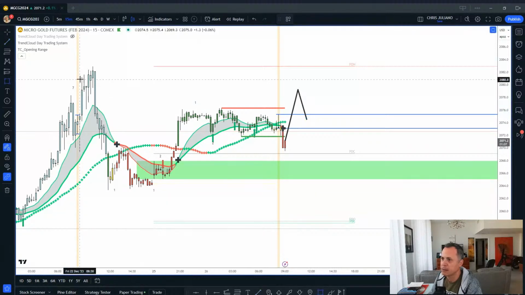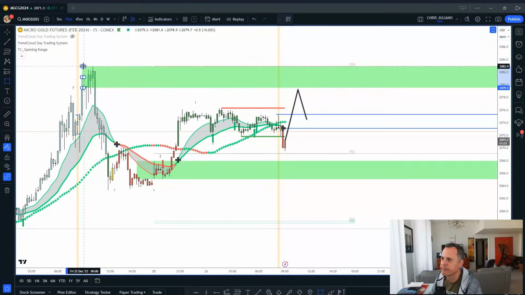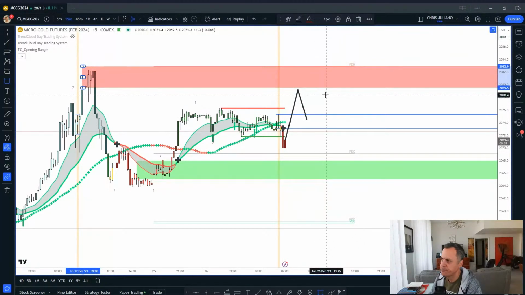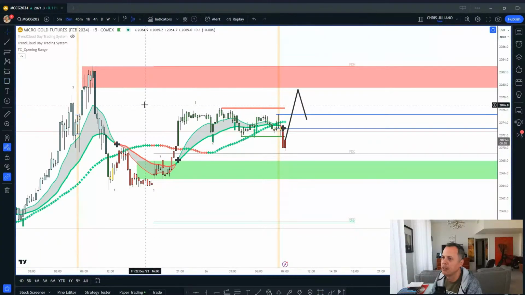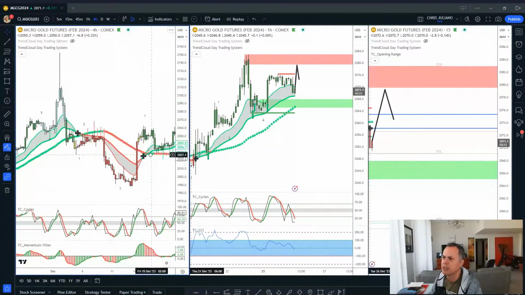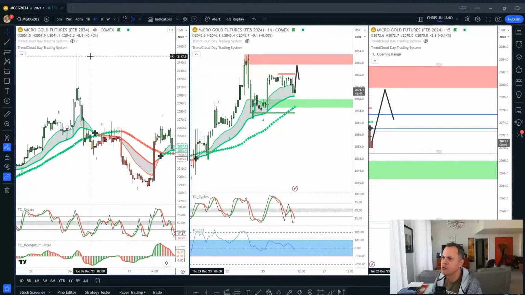Until we get up here. We get up here, and that would be, I believe, the high time curve as well. Yeah, look at that, pretty much, right? Let's take the top part of that wick there.